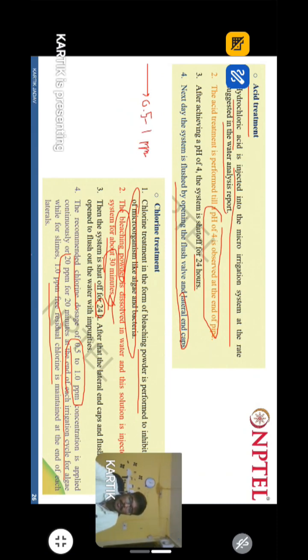In the second case, it is 20 ppm, and we only do this for 20 minutes, so 20 ppm for 20 minutes, and that is at the end of each irrigation cycle for algae removal. So this 20 ppm is for algae removal, while for slimes, we are injecting 1 ppm free chlorine residual at the end of each lateral.